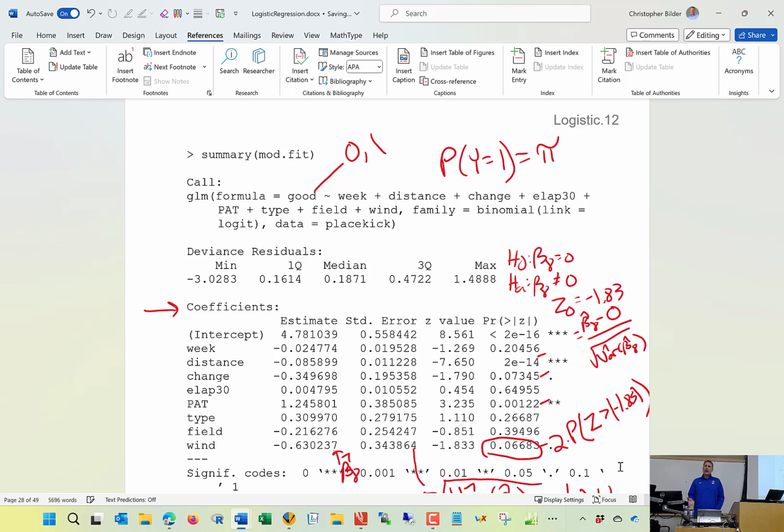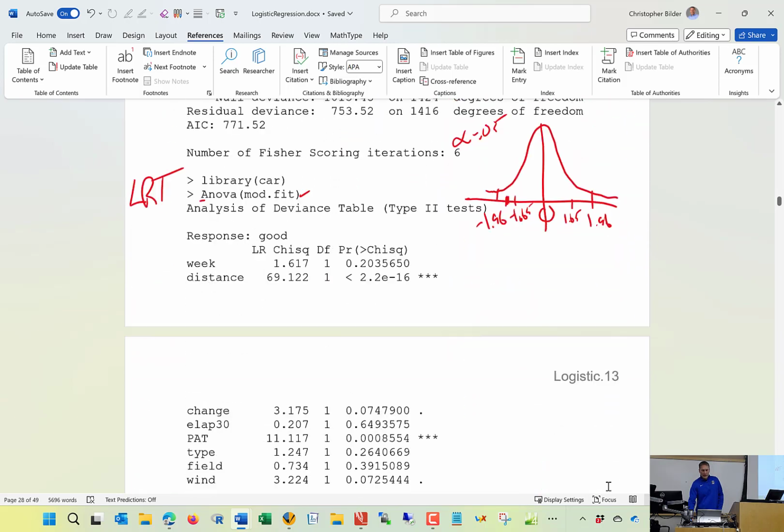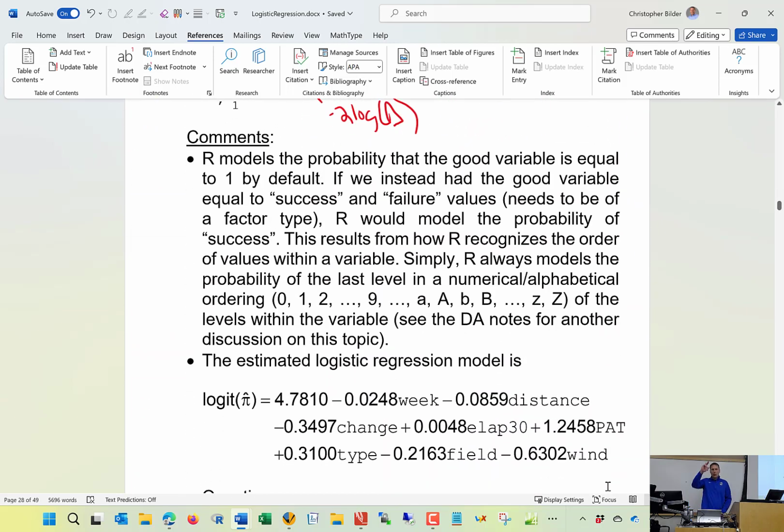It all comes down to some stuff that we talked about in the discriminant analysis section. Remember, there is a particular way that R does an ordering to form indicator variables, where basically R orders the levels of a particular variable like this: 0, 1, 2, 9. Then, after the numbers, it does the letters.